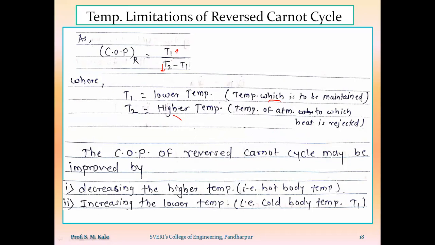First, by decreasing the higher temperature, that is the hot body temperature, that is the value of T2. And second, by increasing the cold body temperature, that is the value of T1. By this way, I can increase the value of COP of reverse Carnot cycle.